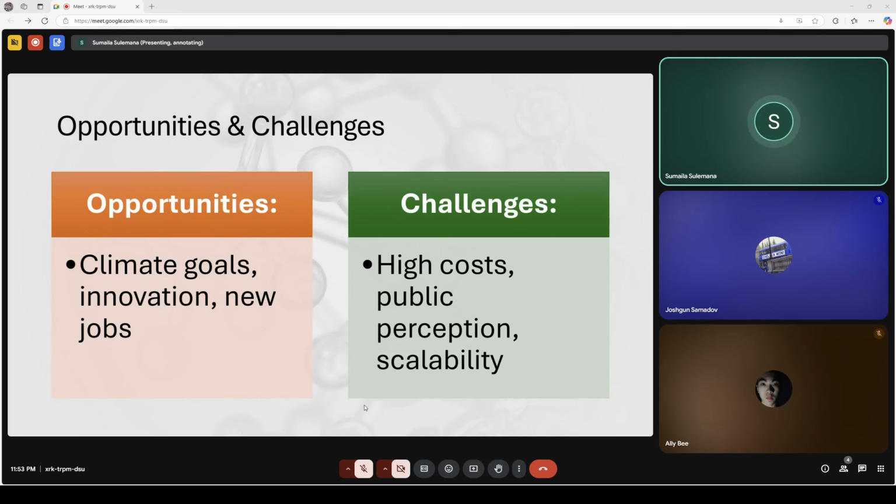So I'll give an example. Let's say there is high temperature, right?